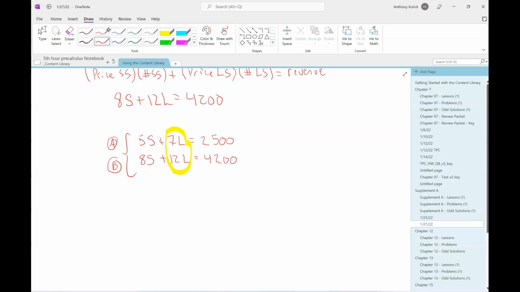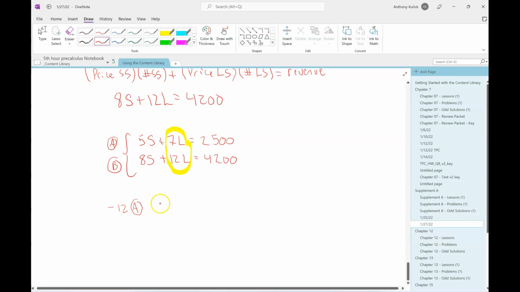Okay, so if I want to eliminate the L's, what do I do? Landon? Yeah, except instead of just the 7, you really mean the equation A, right?